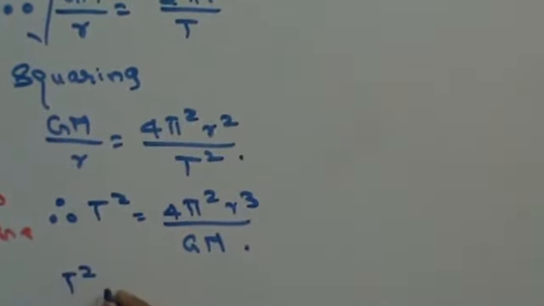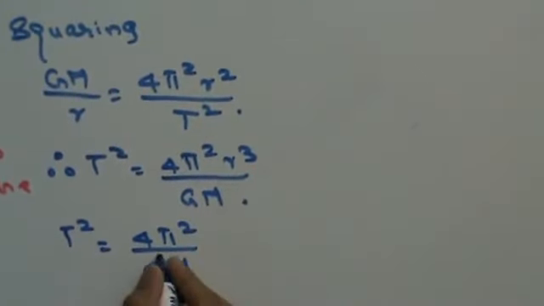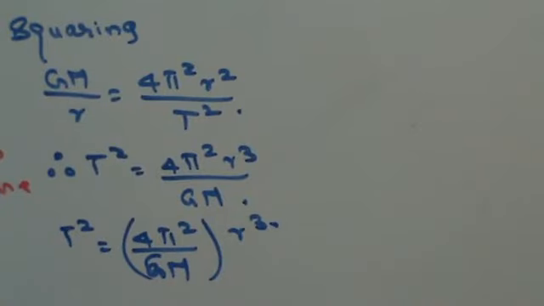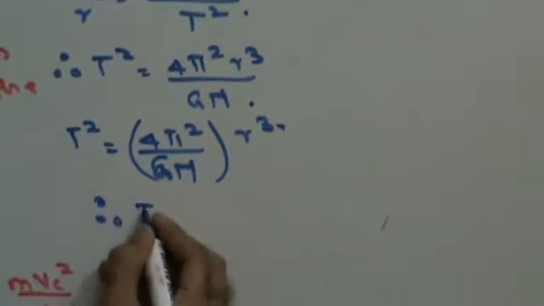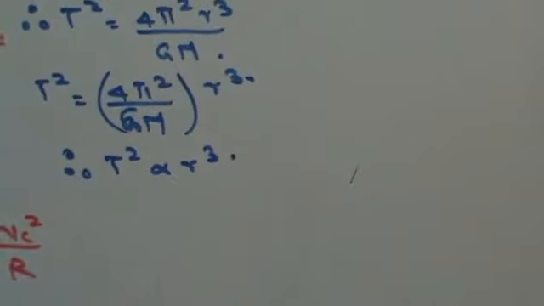So T square is equal to 4 pi square upon GM into r cube. But 4, pi, G and M are constant, therefore T square is directly proportional to r cube. So for a given satellite, the square of the periodic time is directly proportional to the cube of the radius of the orbit. Fine, do we get this?